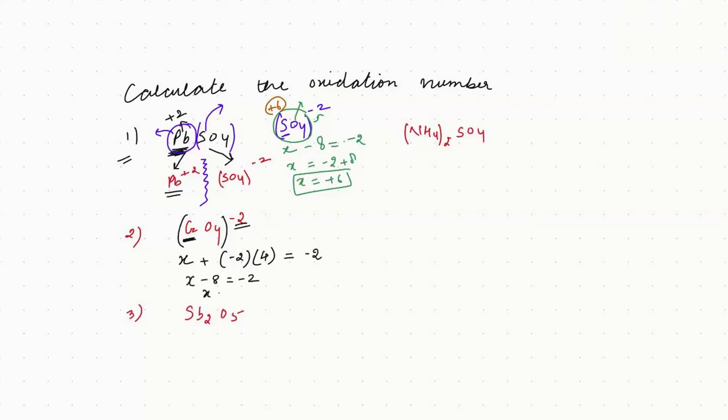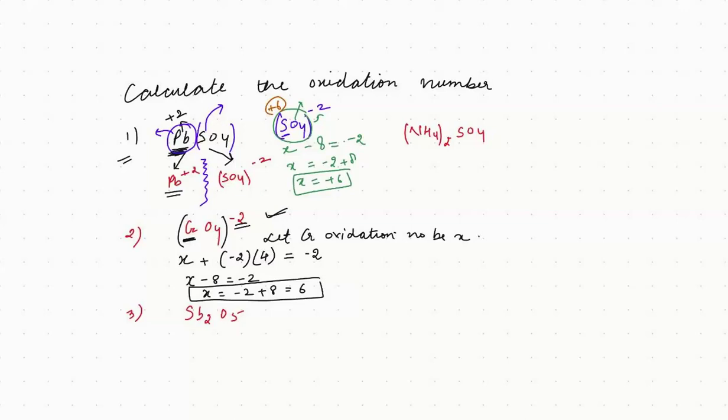And hence X is going to be -2 plus 8. That is going to be 6. So here in CrO4 -2, let chromium's oxidation number be X. And hence that value comes out to be +6. Did you understand my point, everybody?